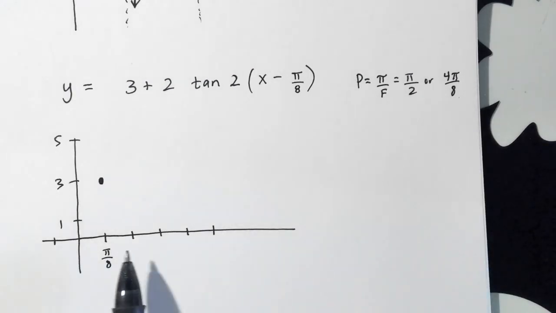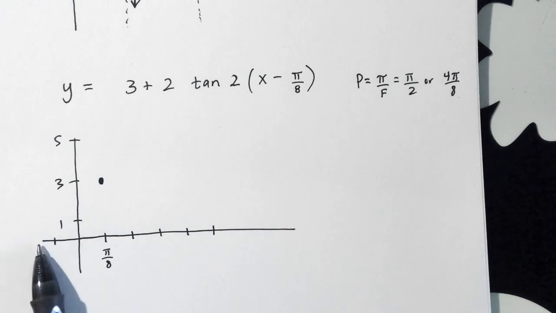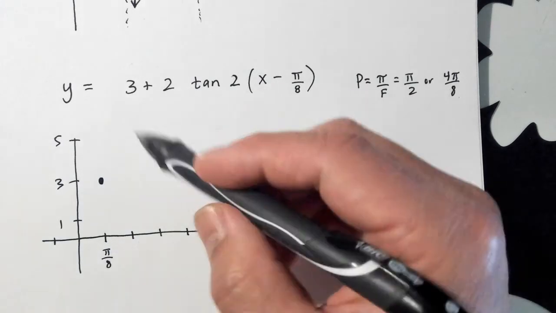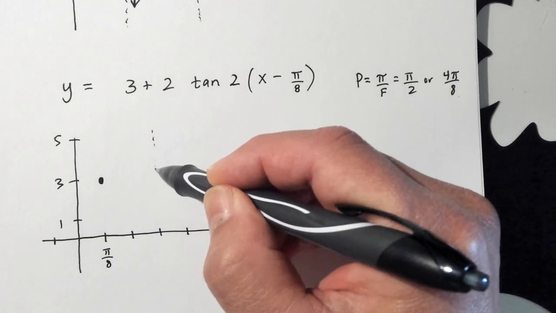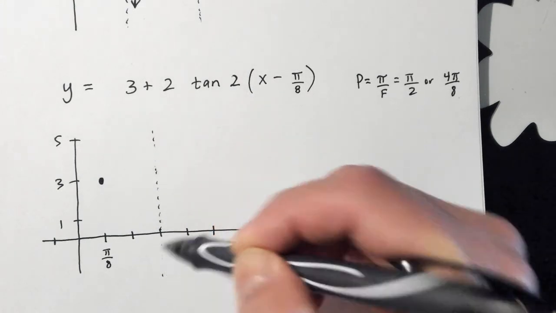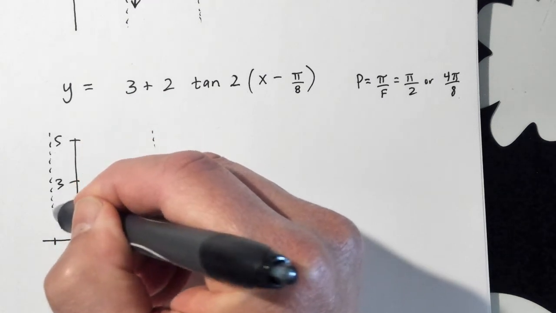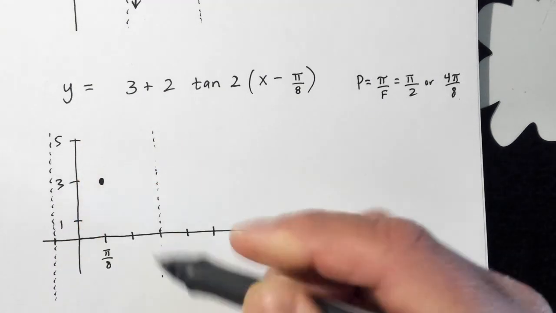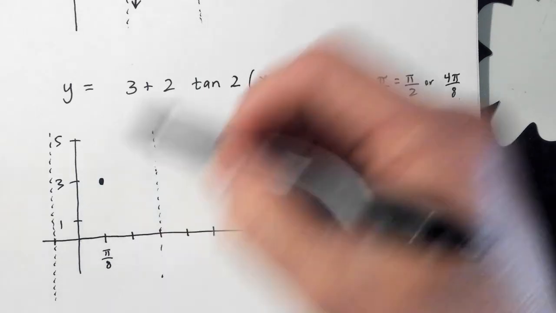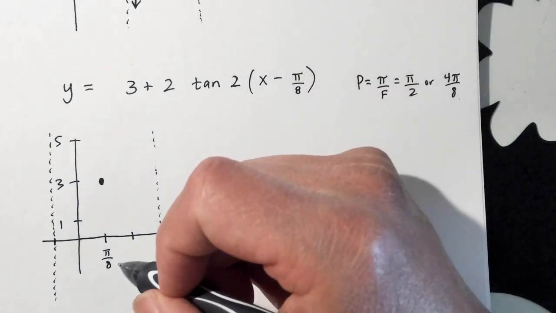So I need to go 2 eighths that way and 2 eighths that way for my asymptotes. That's 1 eighth, 2 eighths. There's going to be an asymptote here. 1 eighth, 2 eighths. There's going to be an asymptote here. And then tangent goes up from left to right.